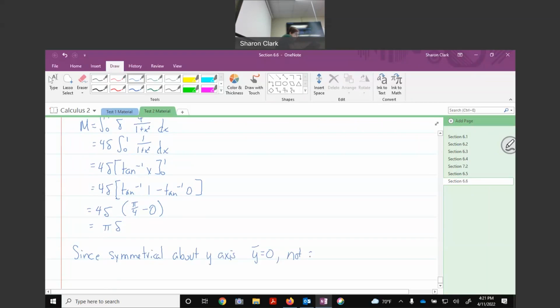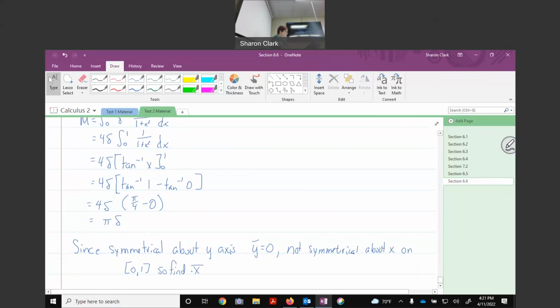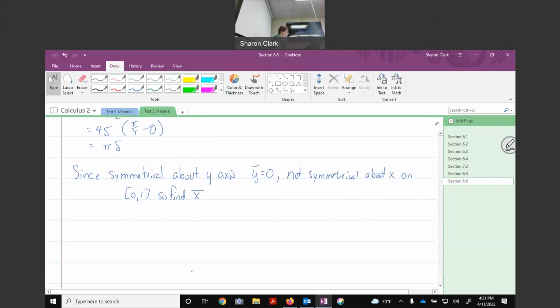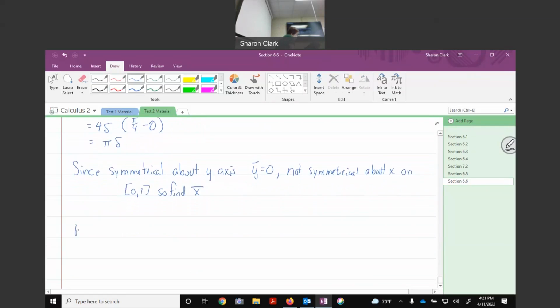It's not symmetrical about x on 0 to 1, so we need to find x bar. To find x bar, we need My.